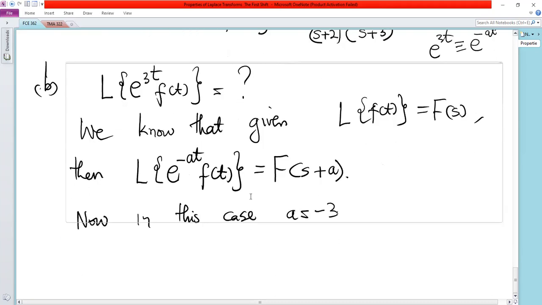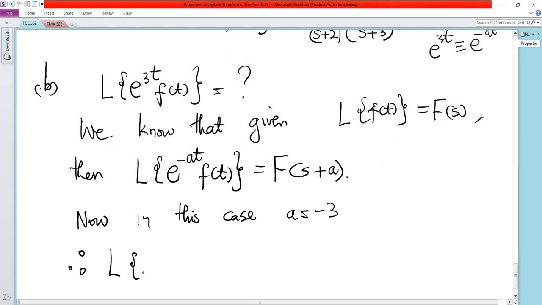So therefore, Laplace transform of e raised power 3t f of t will be given by capital F of s, where a is minus 3.